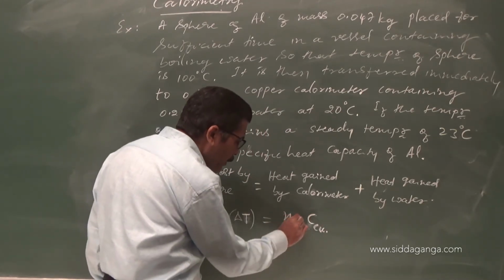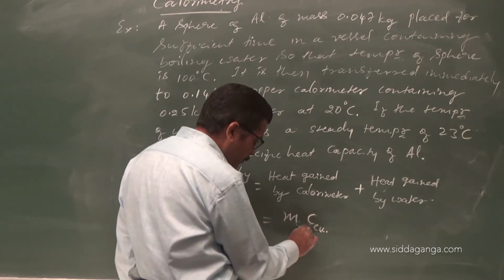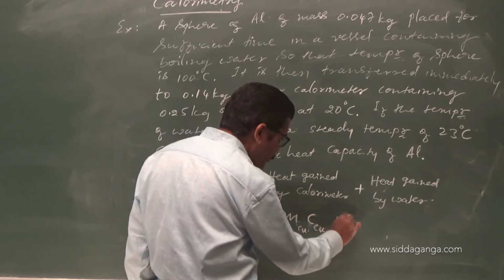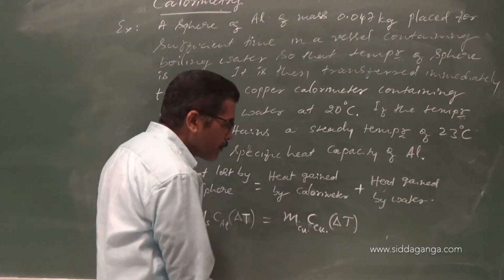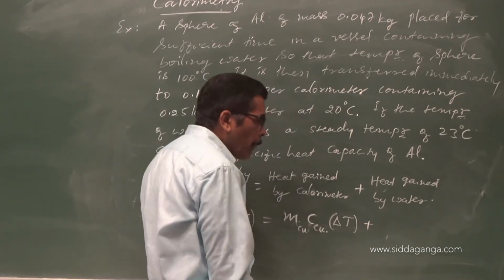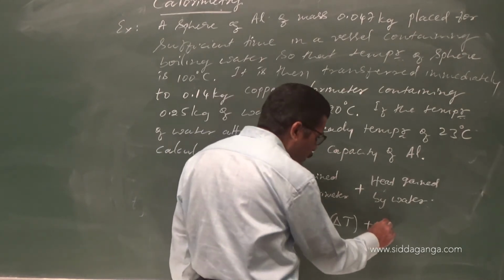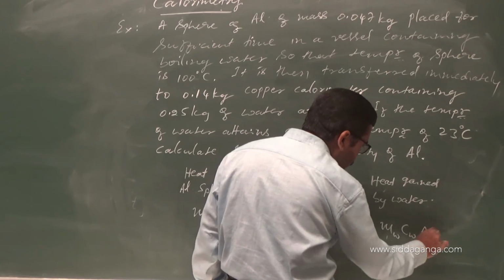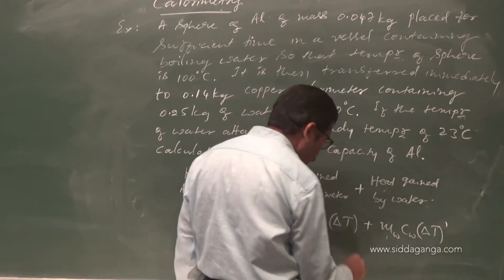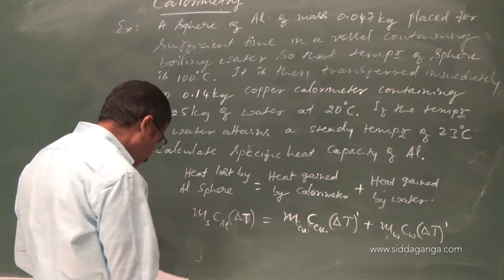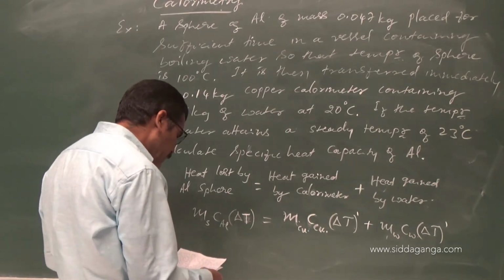This is mass of copper, then rise in temperature, plus mass of water, specific capacity of water, rise in temperature. So I take this delta T dash. Okay, rise is same for both of them. So now you just calculate this.